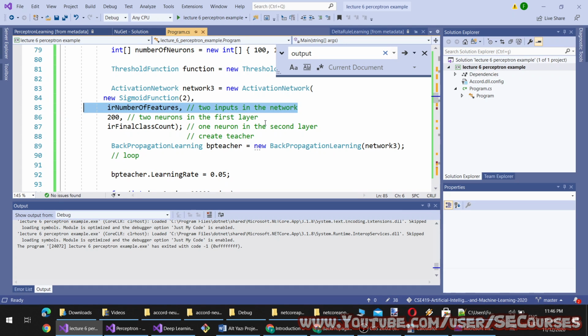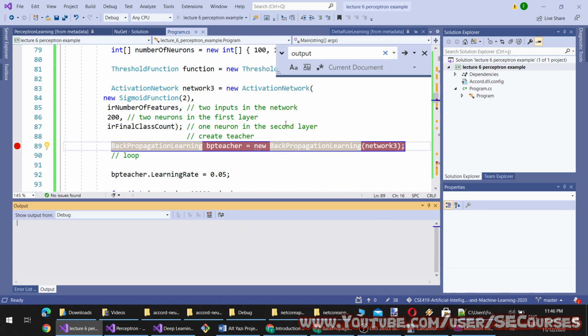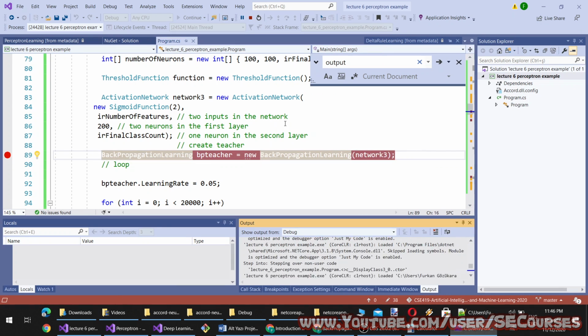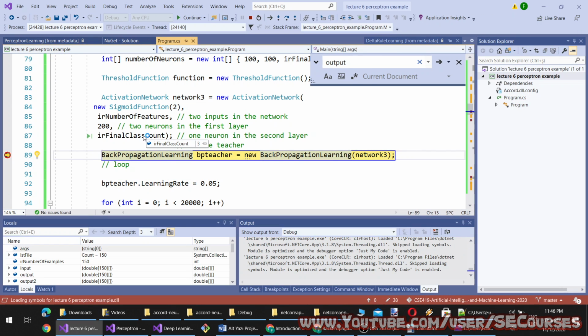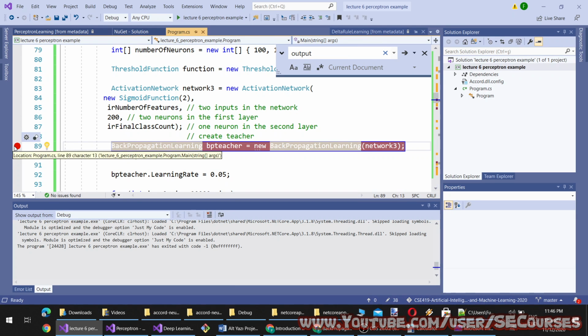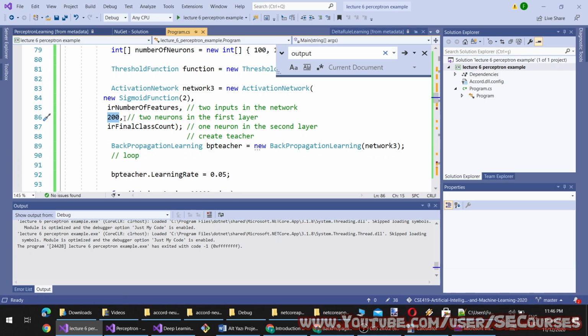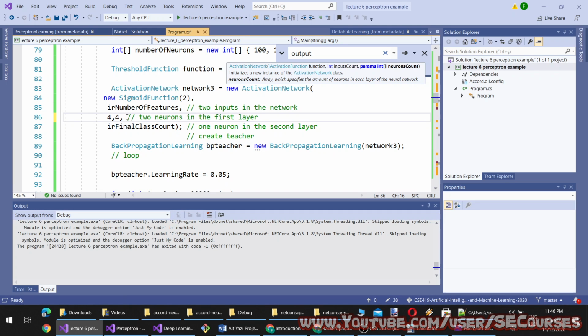Inputs first layer, second layer. Four, four.